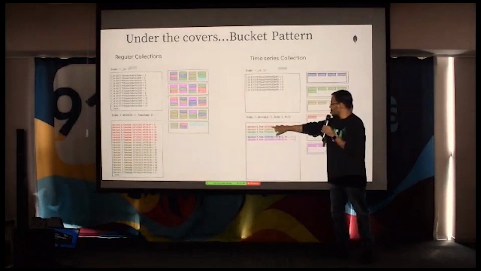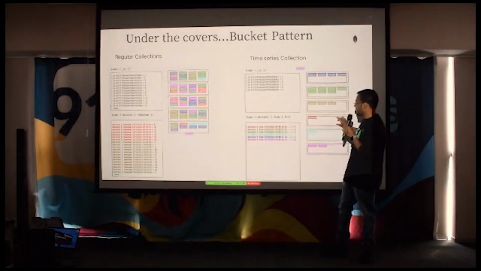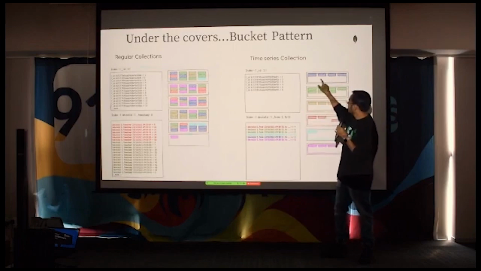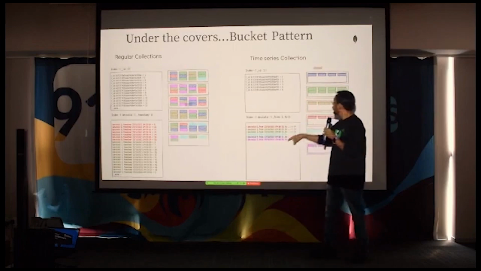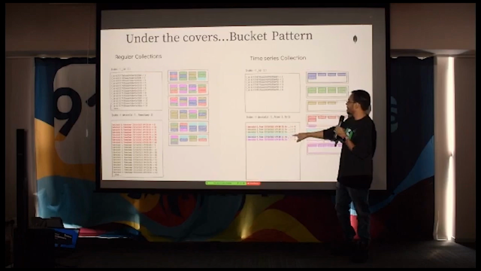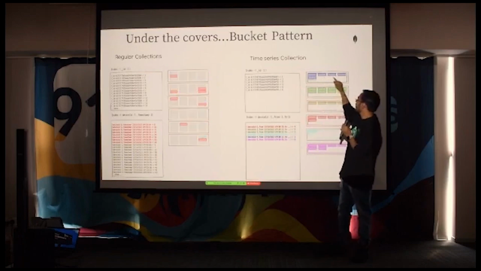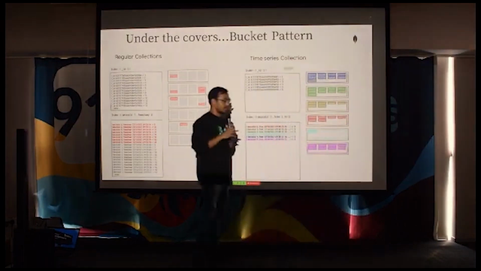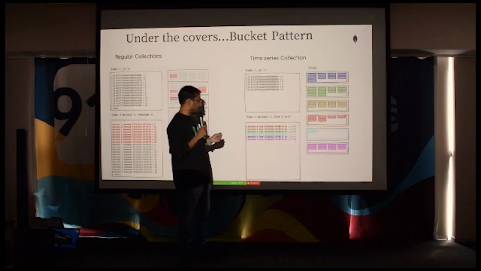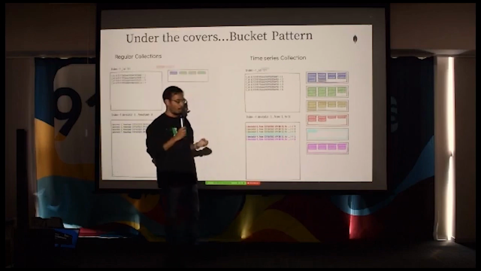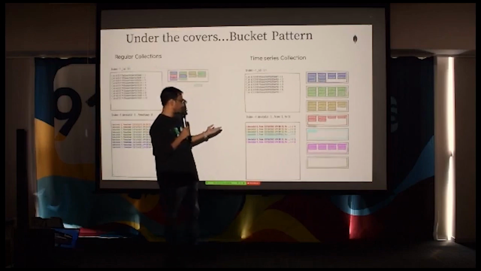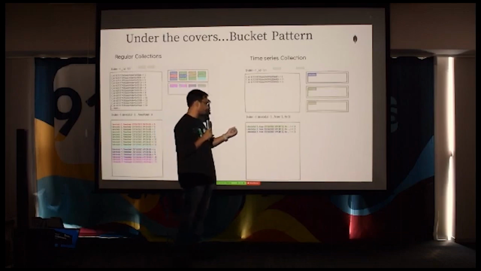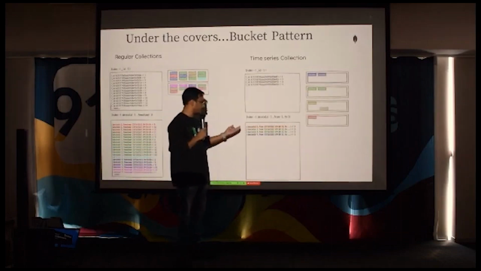As you can see, red will be stored only in this particular page, whereas blue is from device ID 4, and however much data comes in, it will be stored along that particular page. In this case, even though you do not have an index on that particular column, especially the device ID, which is the meta field, and the timestamp.